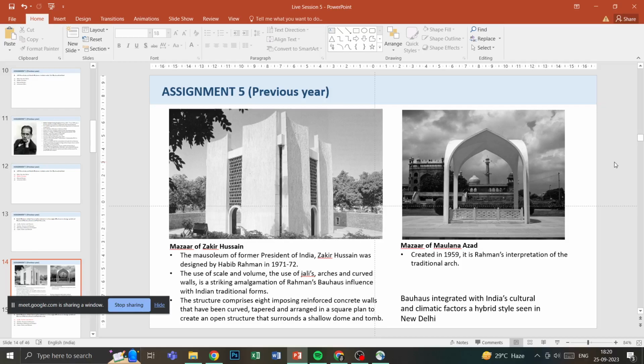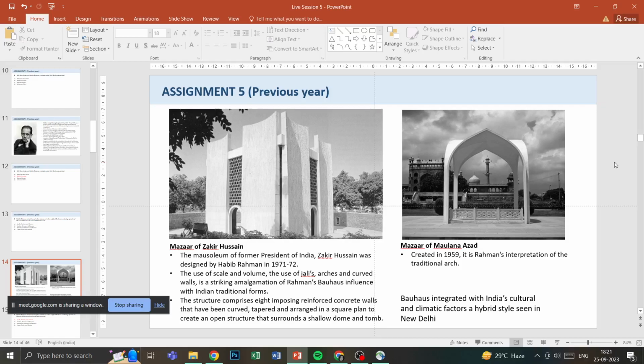The use of scale and volume, the use of jalis, arches and curved walls is a striking amalgamation of Rahman's Bauhaus influence with Indian traditional forms. If you look at this image, you can see it's a very modern style of building with a very typical facade, but you can also see a modernized version of an arch, a modernized version of a jali being used here.